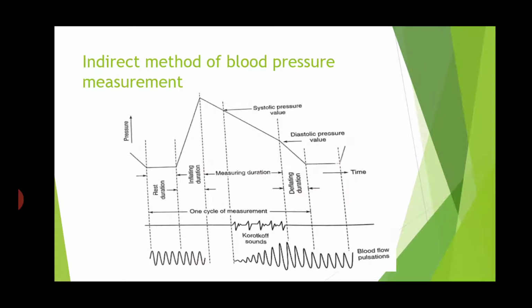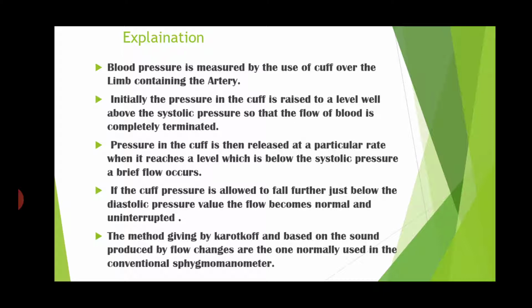This is the diagram, a waveform which is obtained in the indirect method of blood pressure measurement. In this you have to draw the diagram correctly and properly, and you have to give the notation for each point.